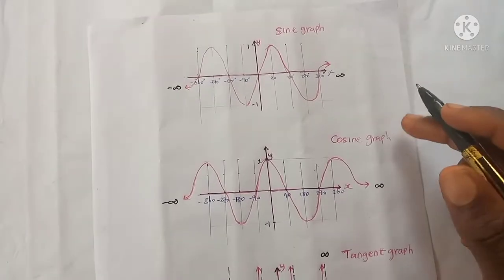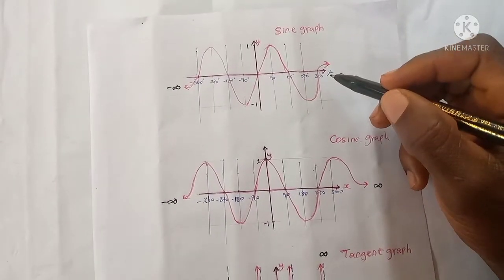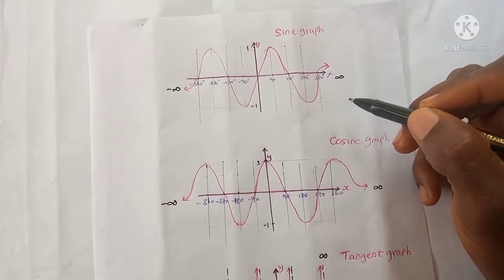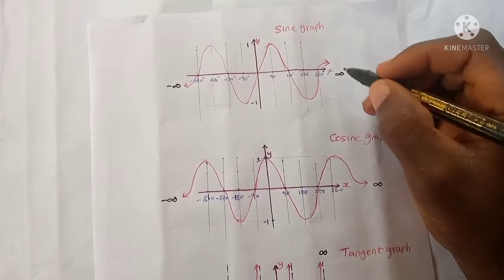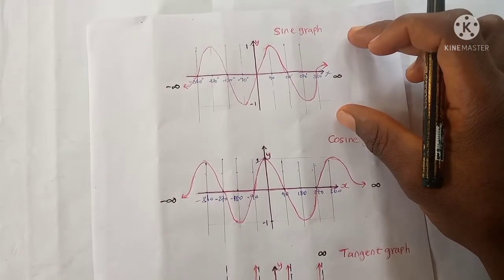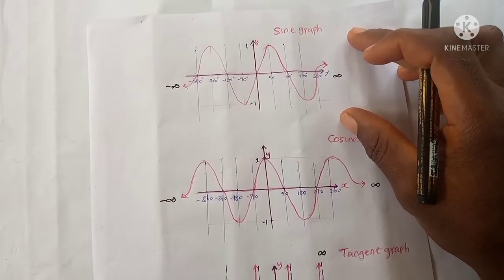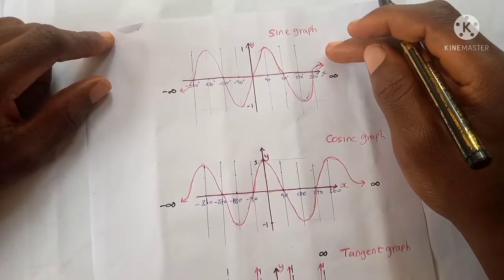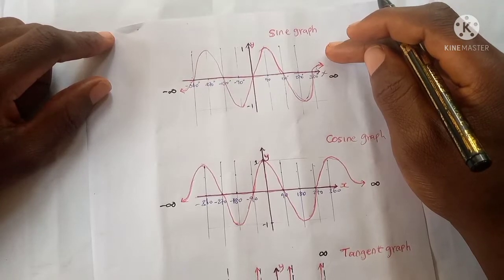So let's start. This is the end behavior of a sine graph. How do you find the domain and range of sine theta using its graph? Looking at this graph, you can get the domain by considering all the x values that are possible.